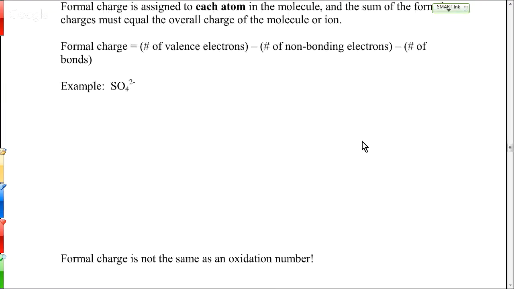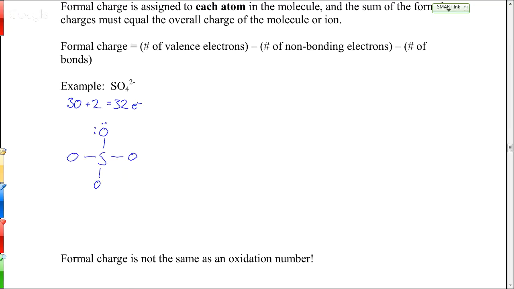So let's look at SO4, sulfate ion, SO4 2 minus. Sulfur is 6 and each oxygen is 6, so that's 30 electrons total, plus 2 for the 2 minus. So we've got 32 electrons to deal with in the structure. As usual, we put our sulfur in the middle, our oxygens all around. That takes up 8 electrons, and we've got to get up to 32.